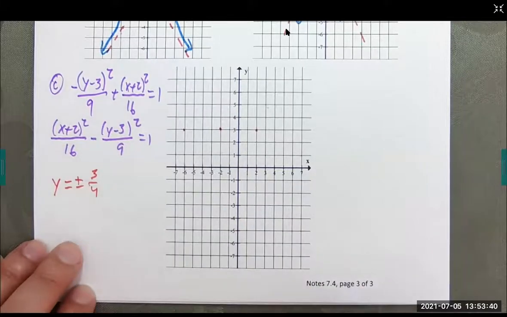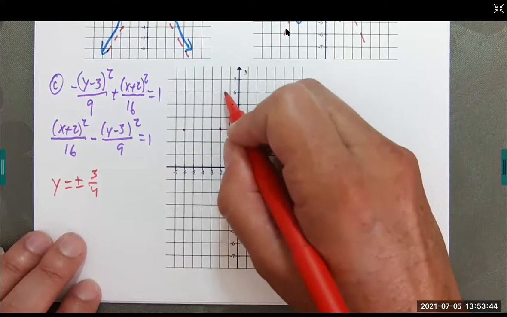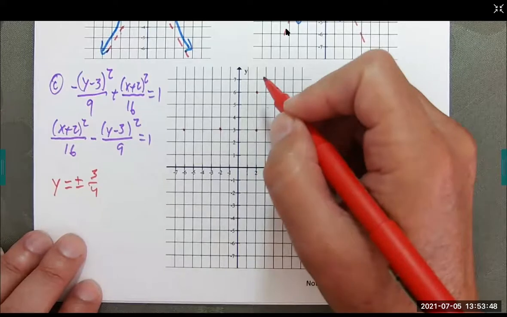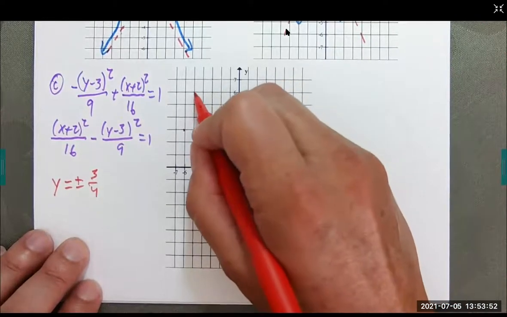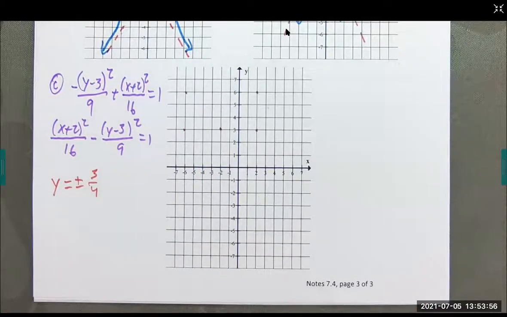Right, so here's our center. We're going to go 1, 2, 3, 1, 2, 3, 4. Our asymptotes.